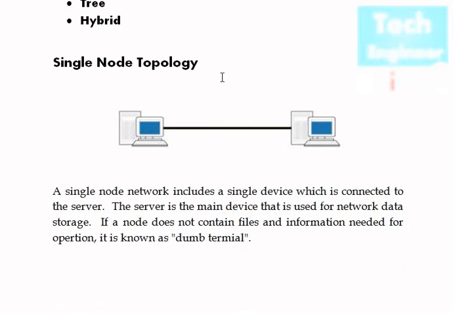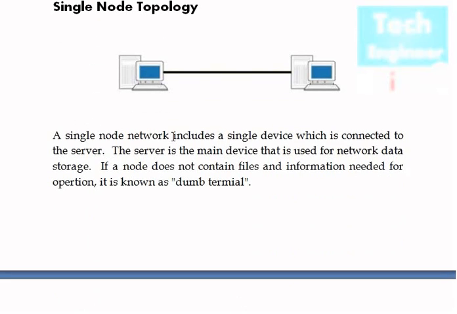Single node topology: a single node topology network includes a single device which is connected to the server. The server is the main device that is used for network data storage. If a node does not contain files or information needed for operation, it is known as a dumb terminal.